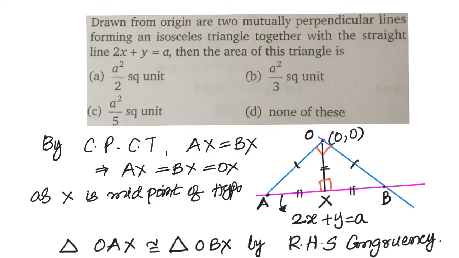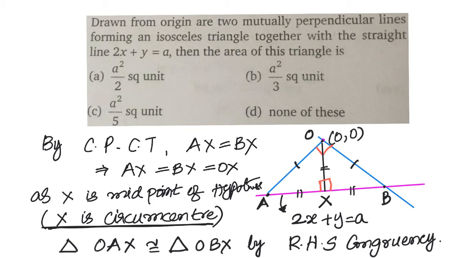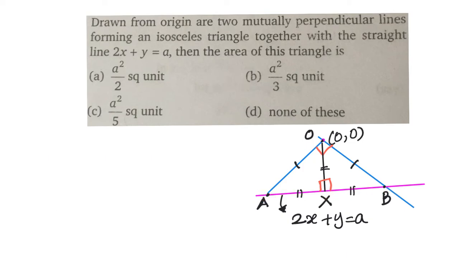Now let us see how to find OX, the perpendicular distance of the point from the line. Before that, we'll see what the area of OAB is. If we take AB as the base and OX as the corresponding height, then the area of AOB is half into base into height, which is half into AB into OX.